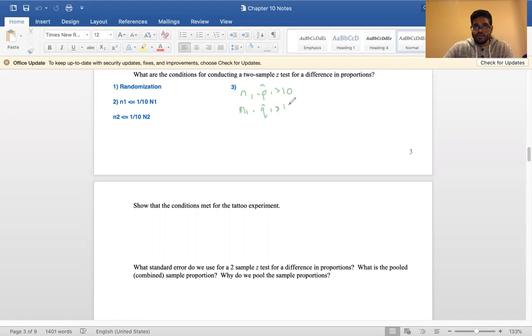Remember, Q is just 1 minus P. Keep going: N2 times P hat 2 greater than 10, and N2 times Q hat 2 also greater than 10. You have to check all of them. So you can check the conditions for the tattoo experiment above. Take a look, see if they work.